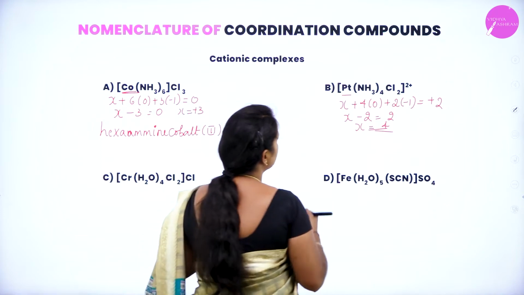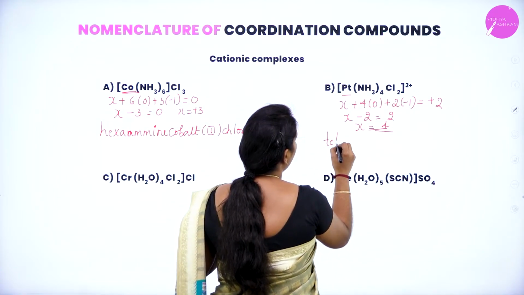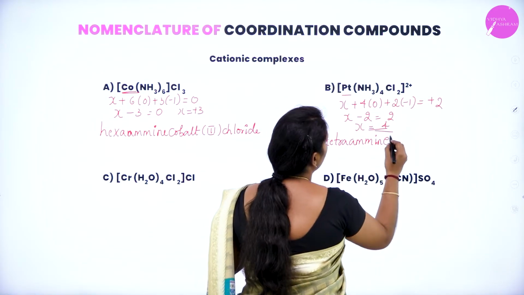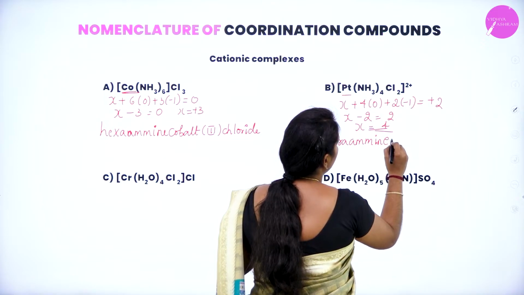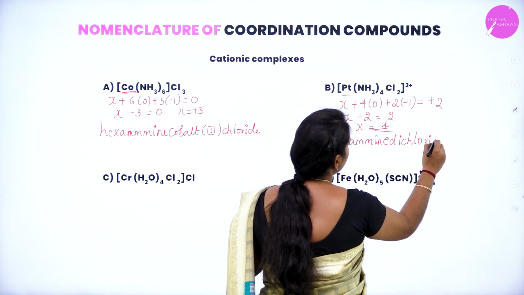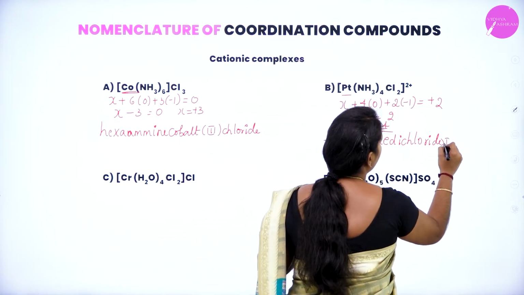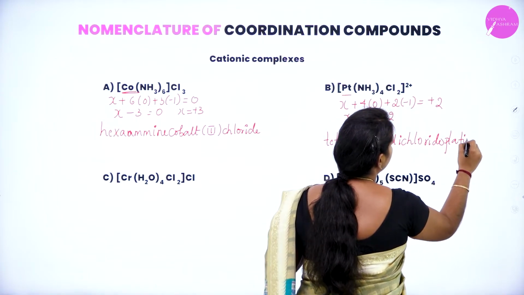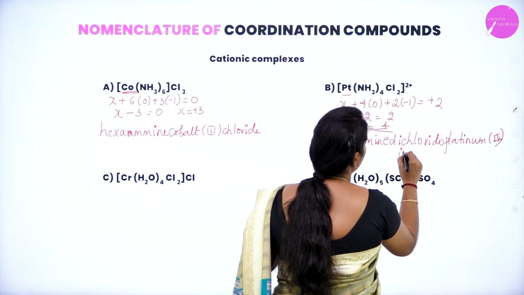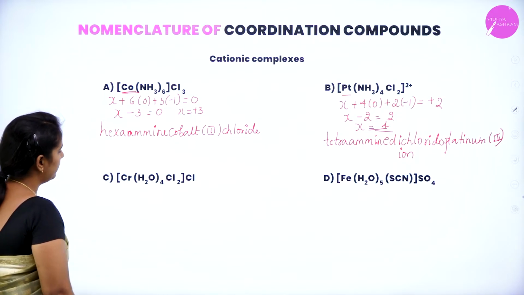It is plus 4, and it is named as tetraammine dichlorido platinum 4 ion. Why is it di? Because 2 chlorine atoms will be there. Platinum, what is the oxidation state? 4. Platinum 4 ion.